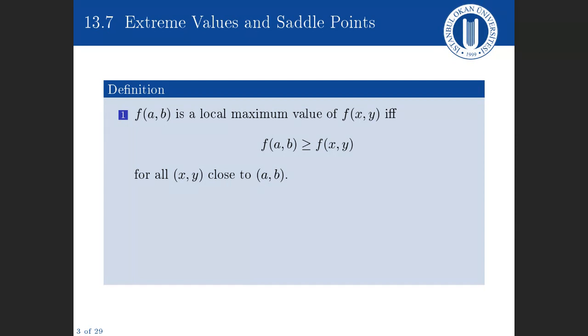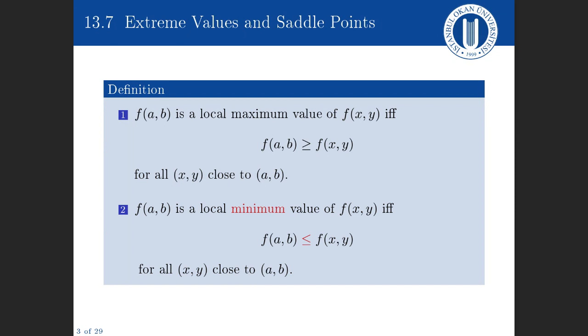Same ideas as for mathematics 1, just increase the number of variables from 1 to 2. And of course, we can do the same thing for a local minimum. Almost exactly the same, but just change greater than or equal to into less than or equal to.